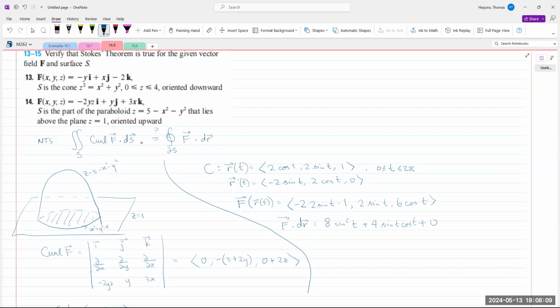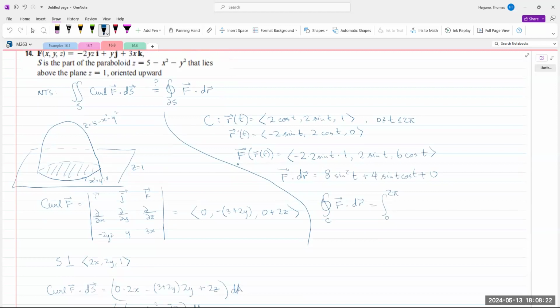And the integral over the closed curve C of F dot dr will be the integral from 0 to 2 pi of 8 sine squared t plus 4 sine t cosine t dt.